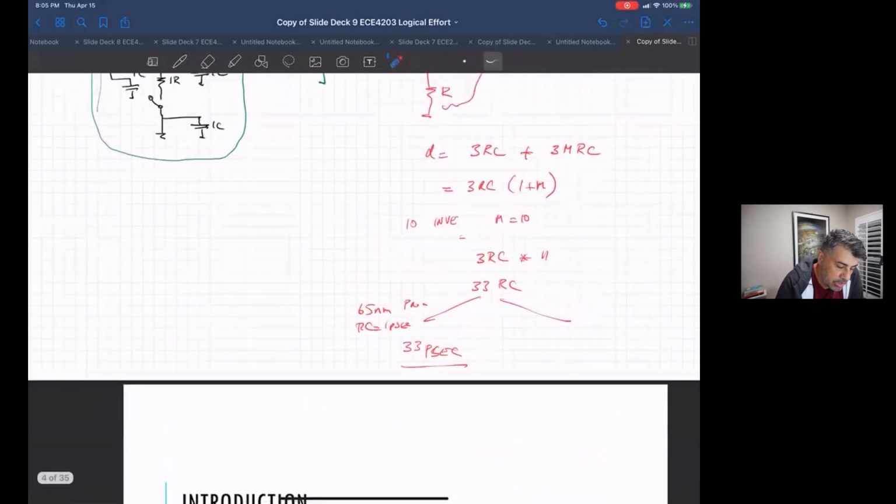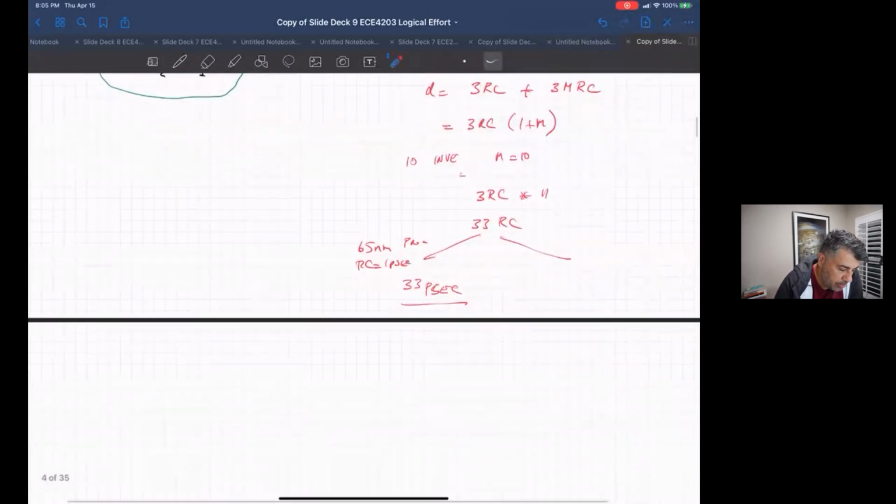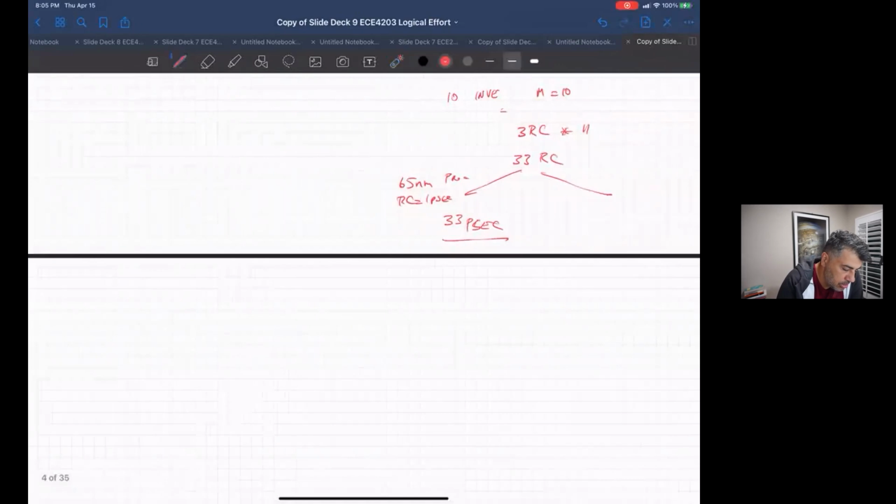Another example, let's try this one. Example 4.5.